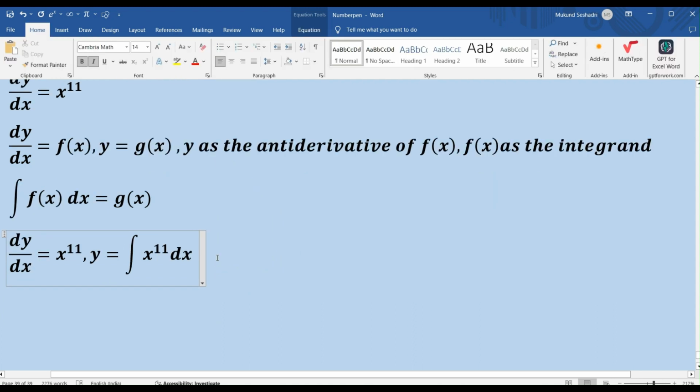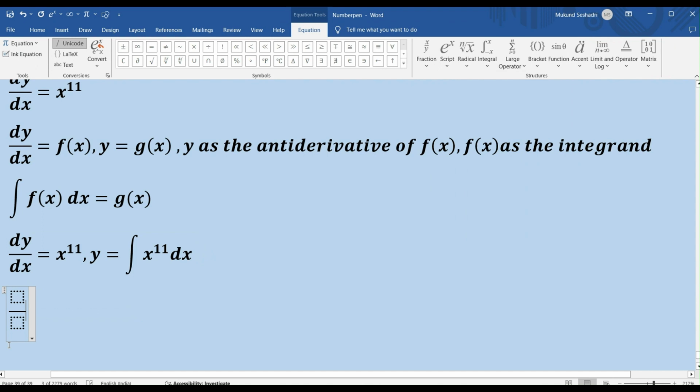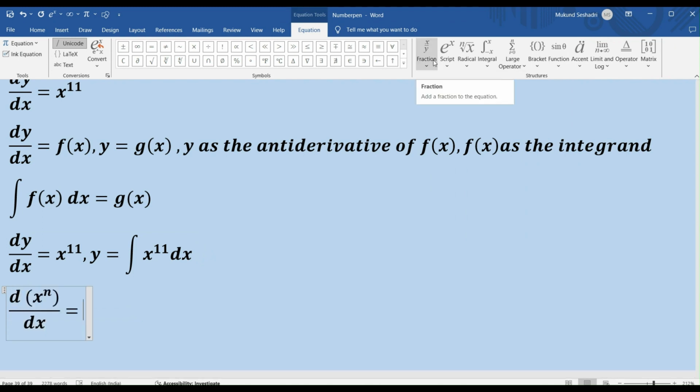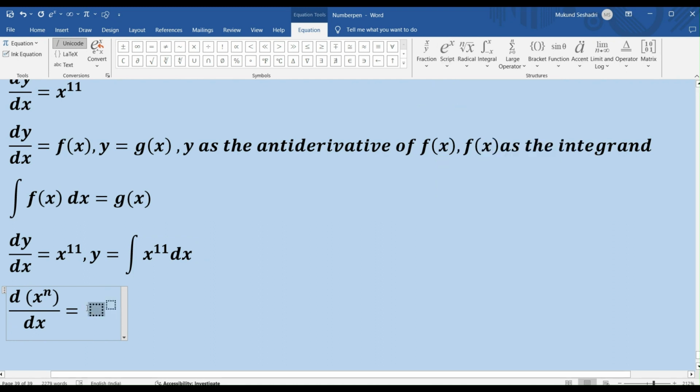Now I want you to understand how we arrive at y, right? Now we go back to what we learned in first principles. I know that d by dx of x to the power n is nothing but n times x to the power n minus 1.